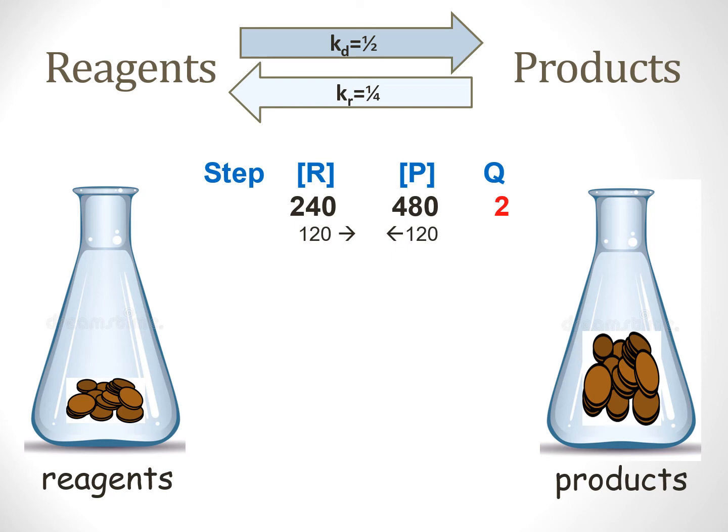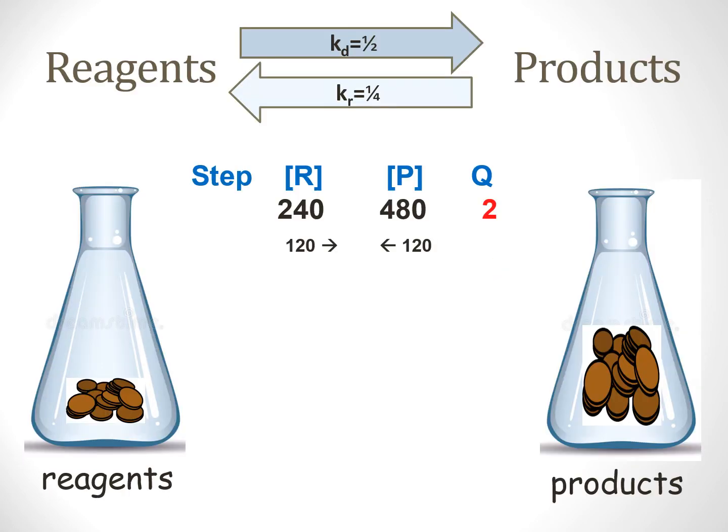What could be interesting is to think then what happens if now we have an external perturbation. We kind of mess up with the equilibrium, right? Let's consider one last example. In this scenario, we have on the product side 480 coins, and on the reagent side 240. So it's already in a ratio of 2 to 1.